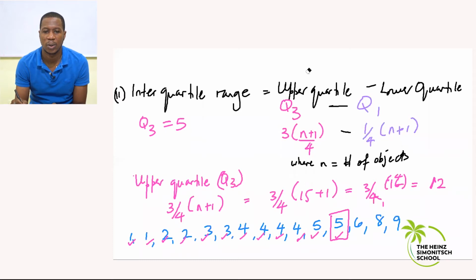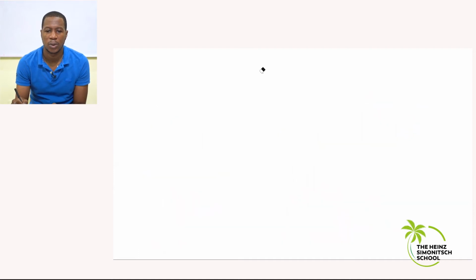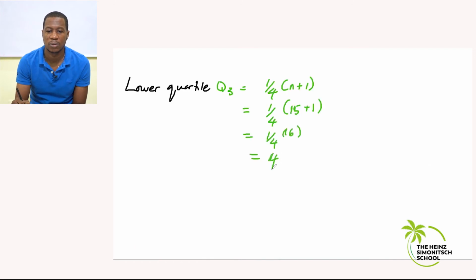We can calculate the lower quartile using the same principle. So the lower quartile will be equal to 4.